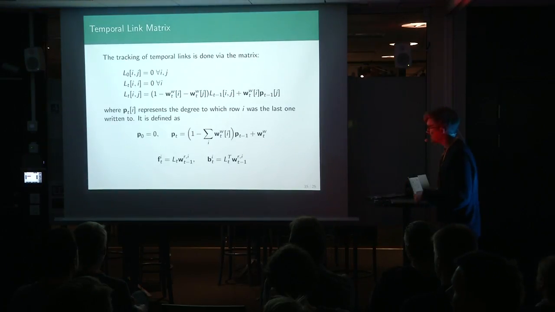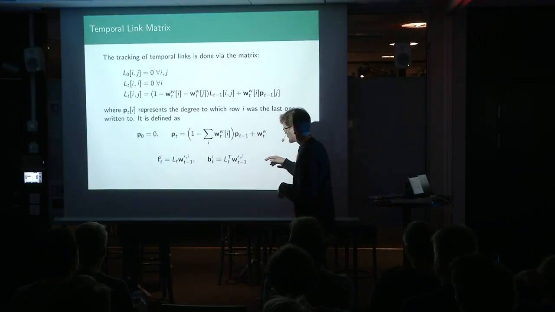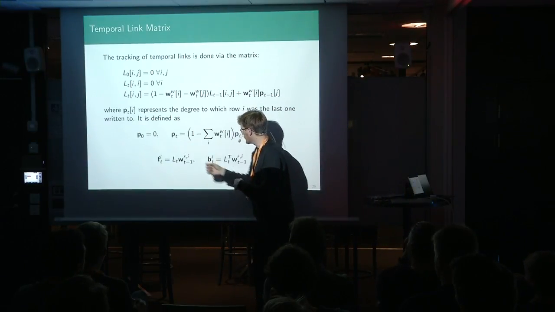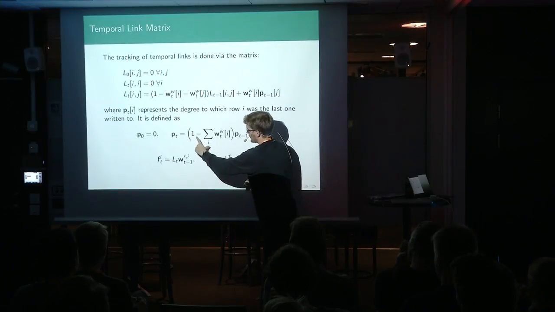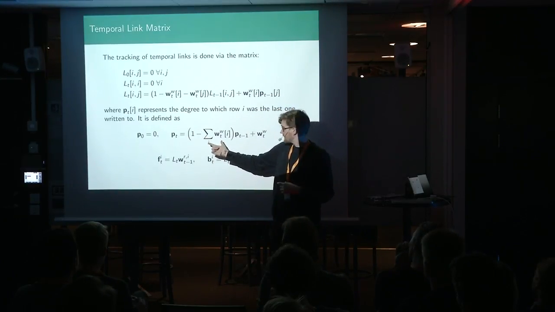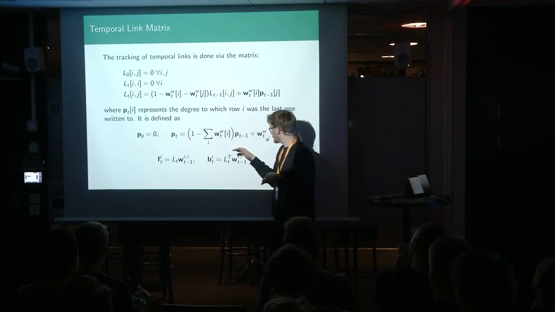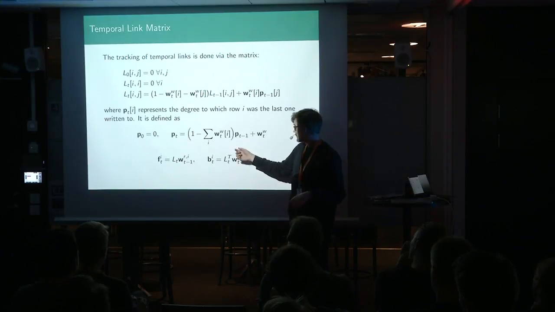And it's defined like this. For each time t, this gives you the probability that you did not write anything, so 1 minus the sum of the weights. If you didn't write anything, then look at the previous p.